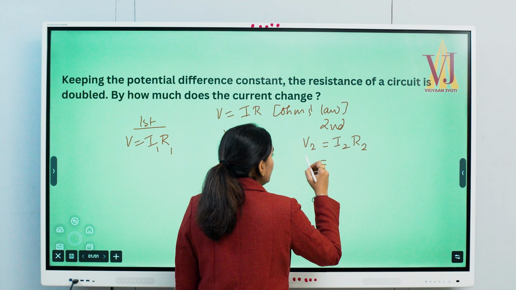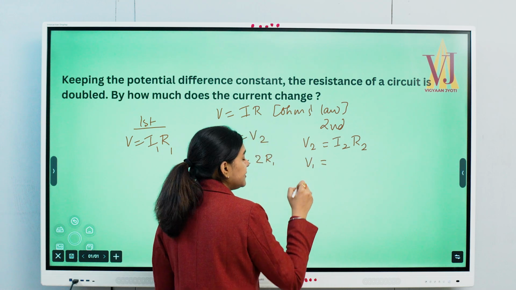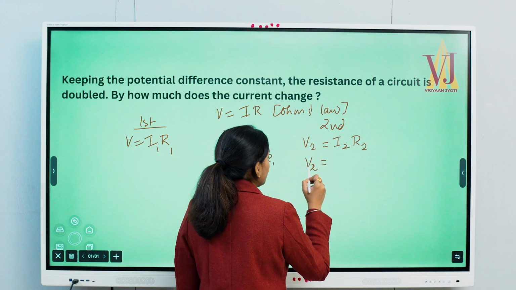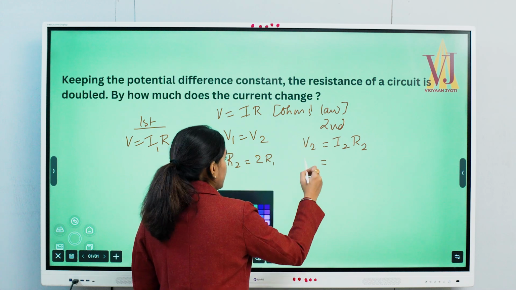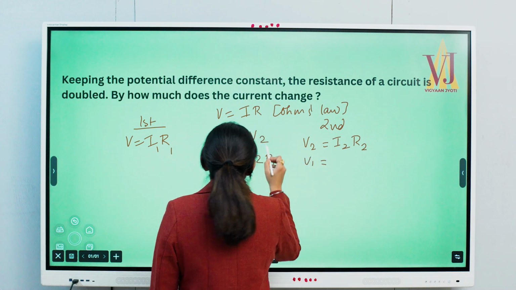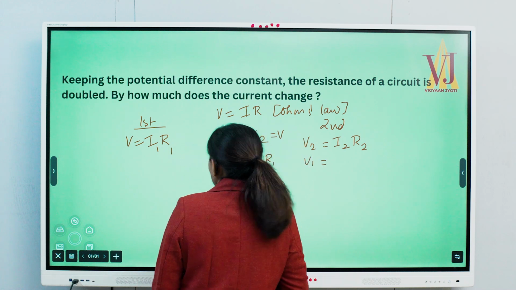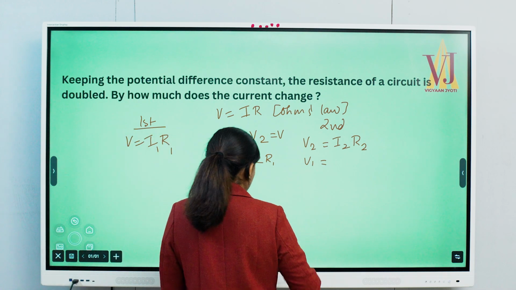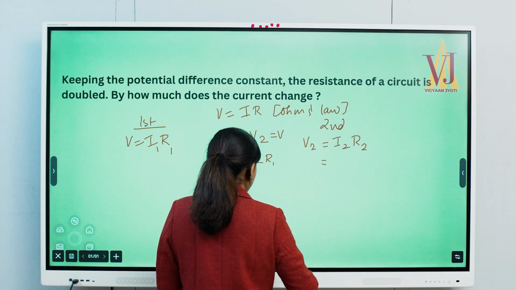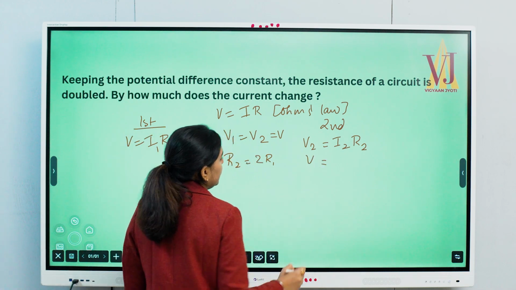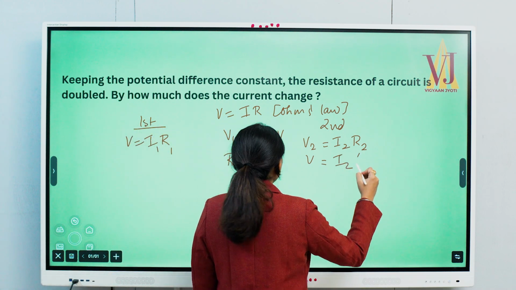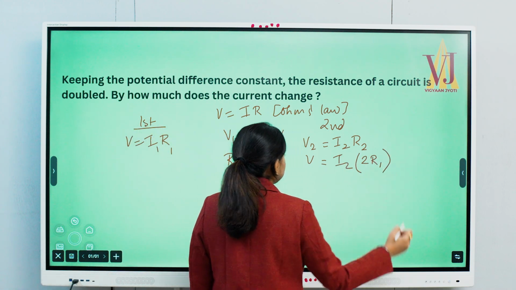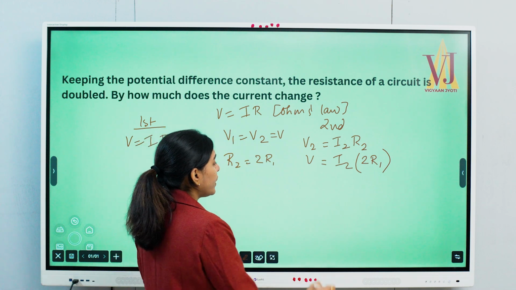Since V1 equals V2, we can write just V. So instead of using V1 and all, I'll just use the simple letter V. Now I2 we don't know, and R2 is 2R1. Now we have to find out the current.